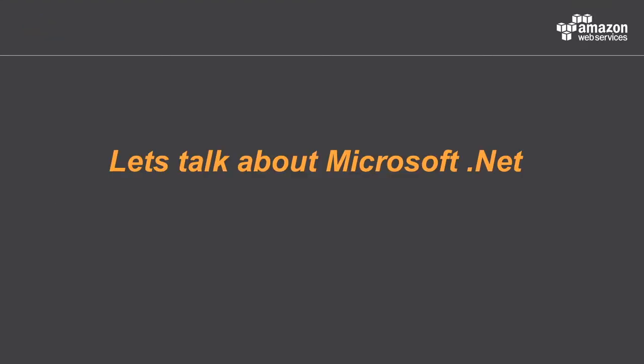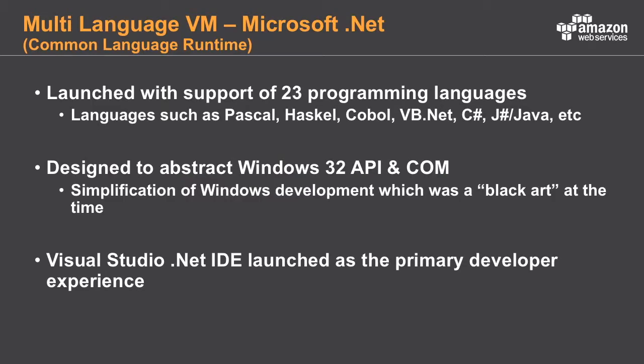So let's talk about Microsoft .NET. For those of you that have been around for a while, you may remember it was called the Common Language Runtime as well. Back in around circa 2000, Microsoft released the .NET Framework. When it shipped, it shipped with over 20 different programming languages.